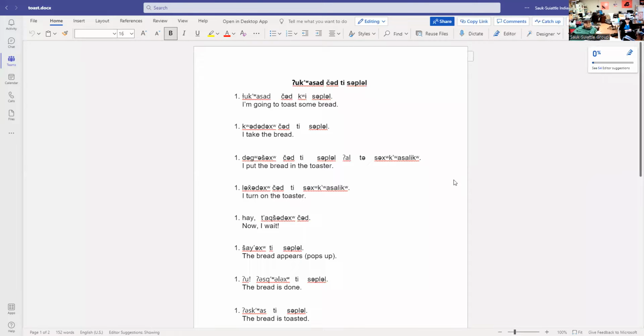As you see here, the fourth one down, it says lachada. I'll do a little bit of drawing here. Lachad, right, is to turn on, off. Off equals and then.